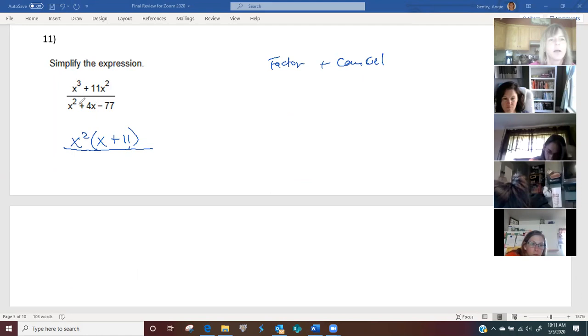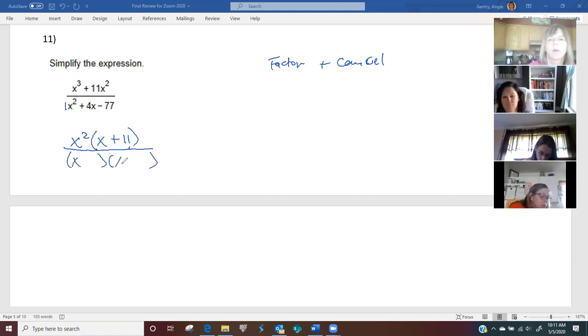Then we have a denominator. I say factor, you say greatest common factor. There isn't one. Then you say, what is it? Oh, it's a trinomial. Leading coefficient is 1, meaning it's simple. Simply open, close, x, x. Product is negative 77, and sum is positive 4.